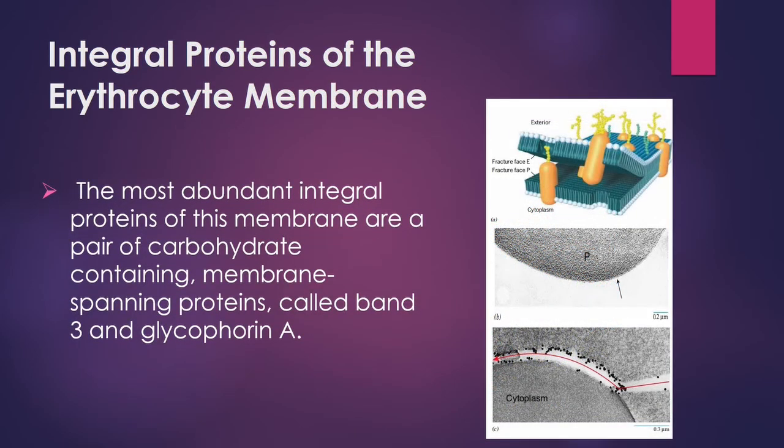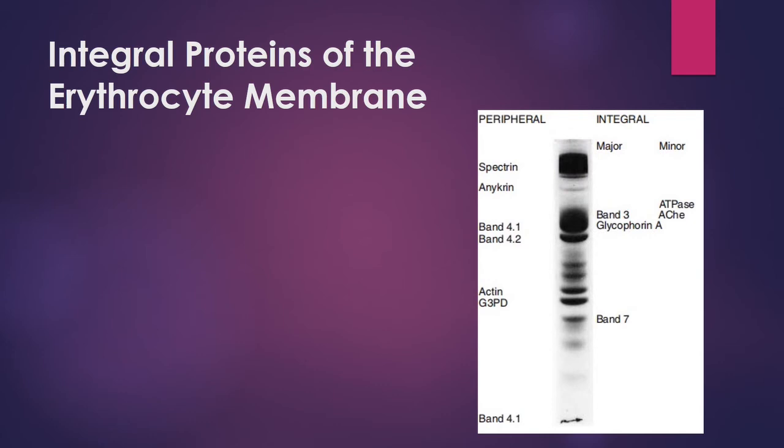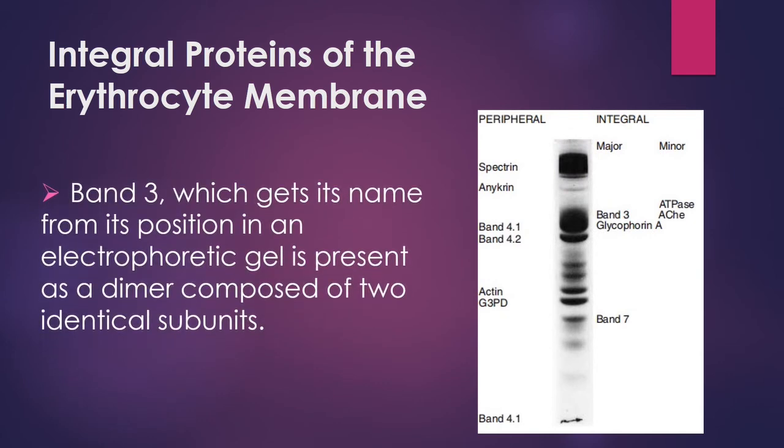The most abundant integral proteins of this membrane are a pair of carbohydrate-containing, membrane-spanning proteins called band 3 and glycophorin A. Band 3, which gets its name from its position in an electrophoretic gel, is present as a dimer composed of two identical subunits.